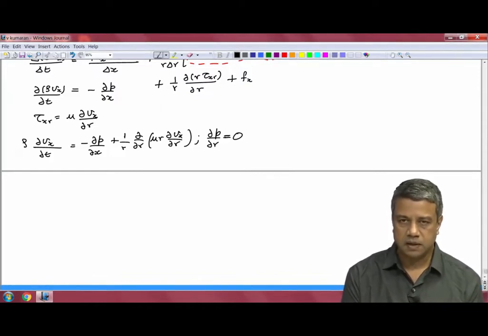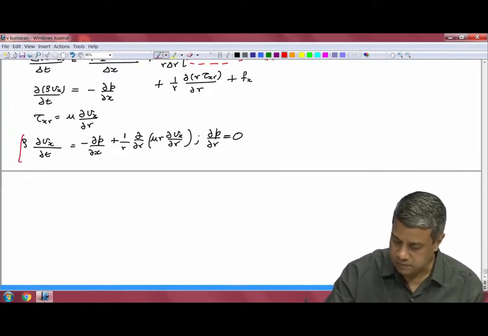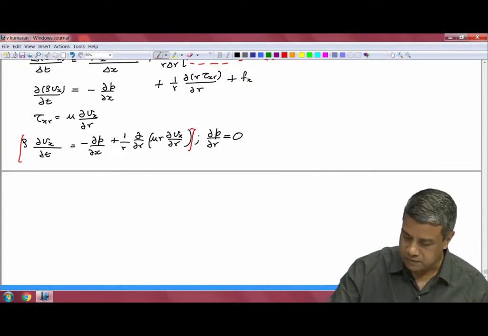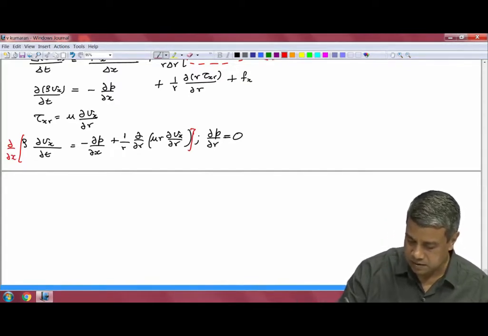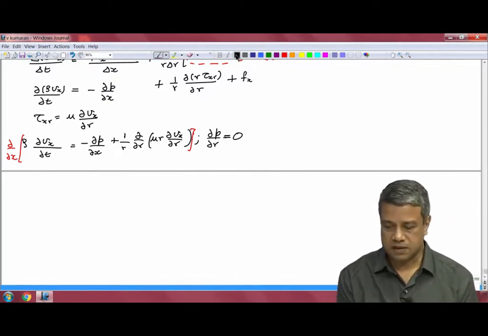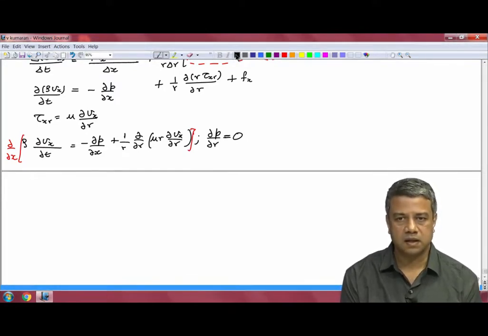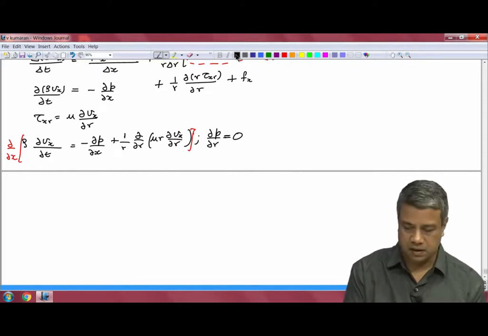In order to determine how the pressure depends upon x, what you can do is take the derivative of this entire equation with respect to x. Note that x and t are independent quantities, so I can interchange the order of differentiation. x and r are also independent coordinates, perpendicular to each other. Therefore, I can interchange the order of differentiation for x and r as well.